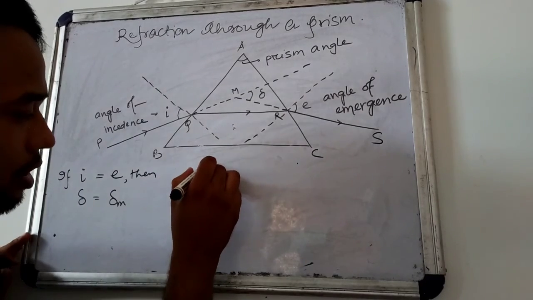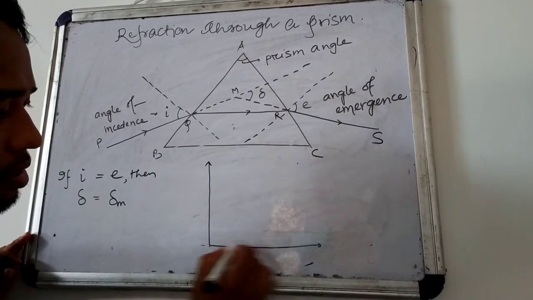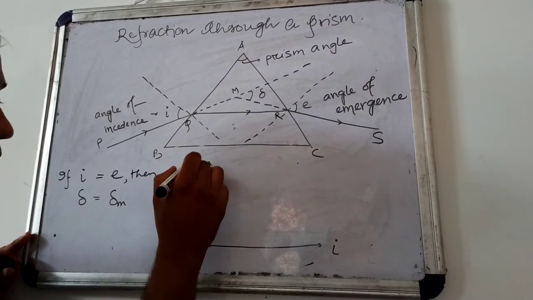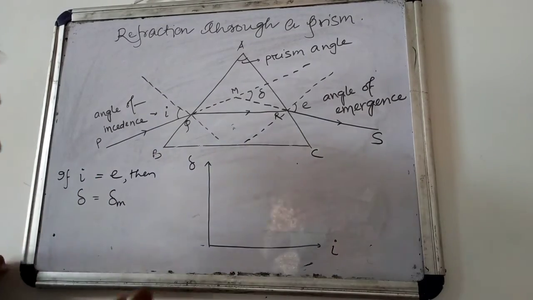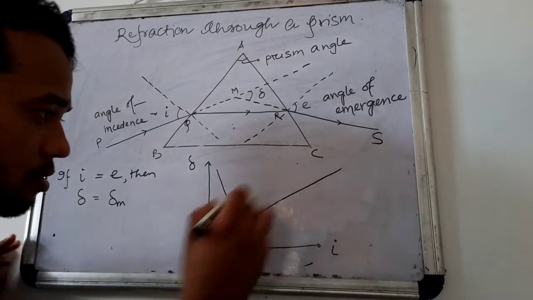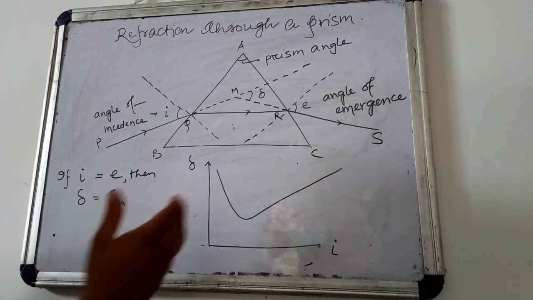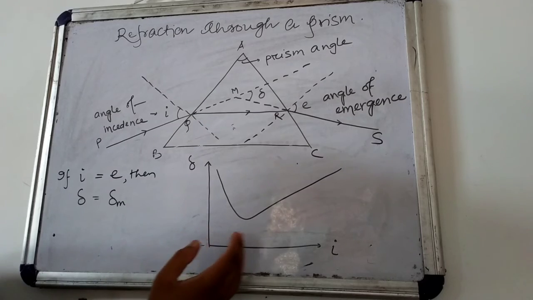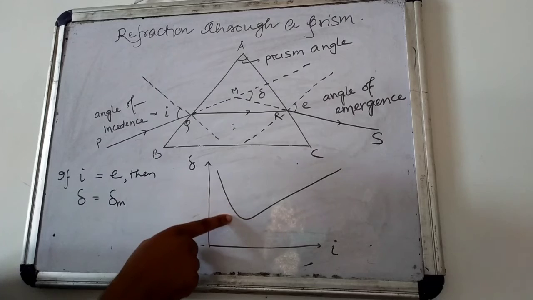Now if we draw a graph between angle of incidence and angle of deviation, suppose along x-axis we consider angle of incidence and along y-axis we consider angle of deviation delta, then the graph will be like this. Okay. So what this graph represents, if we increase the angle of incidence initially, then angle of deviation starts decreasing.